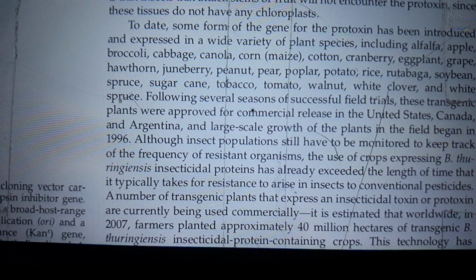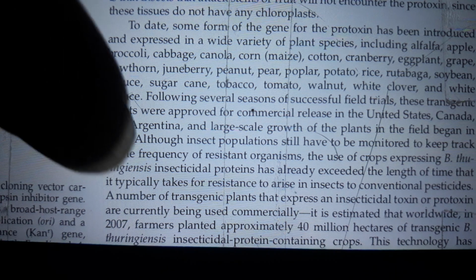The disadvantage of expressing the Bacillus thuringiensis protoxin in chloroplasts is that insects that attack stems or fruit will not encounter the protoxin, since those tissues do not have any chloroplasts.